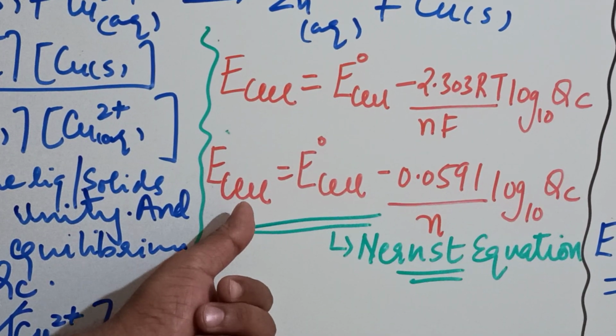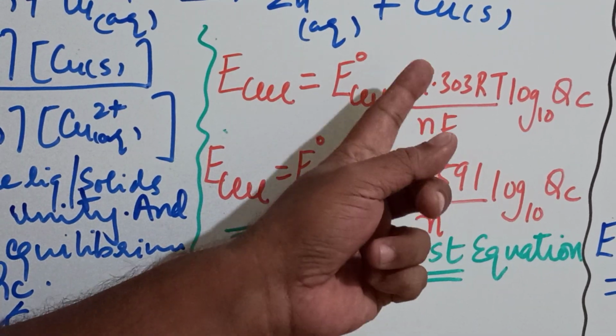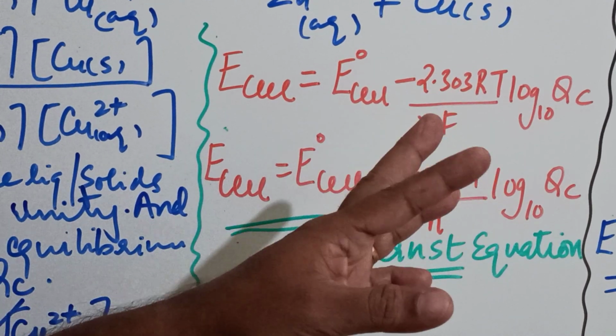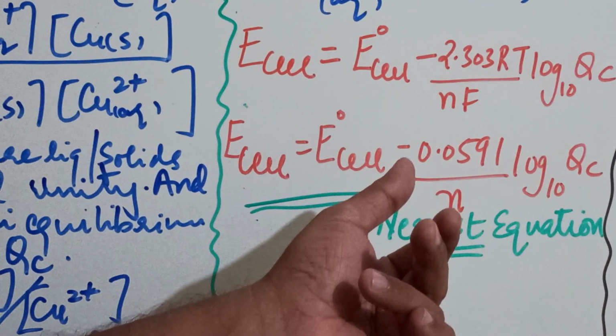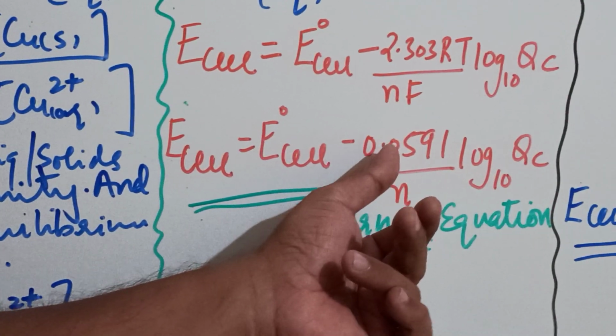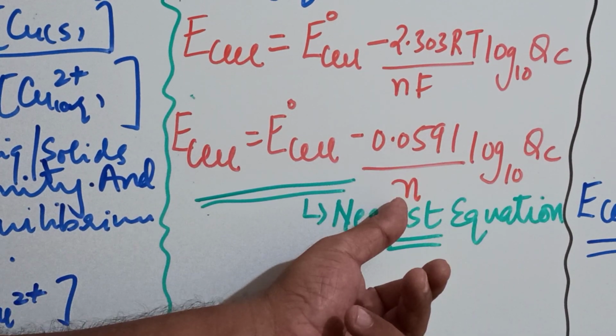Or I can write E cell equals E naught cell minus, putting the values of gas constant, temperature, and Faraday's constant, when you do the calculation, you will get the value 0.0591 divided by n, log of Qc.